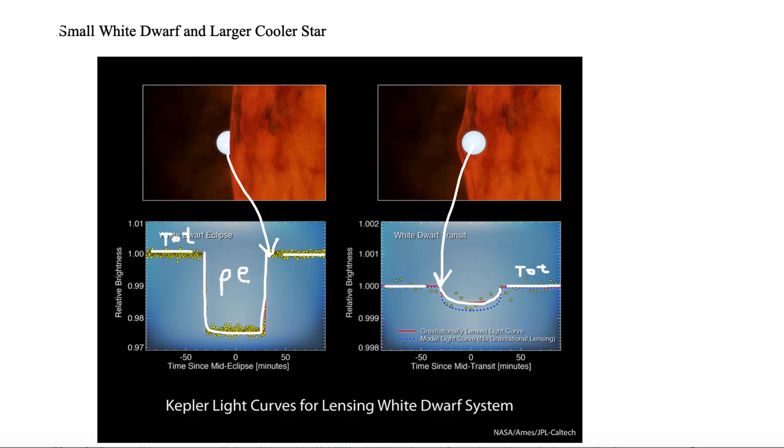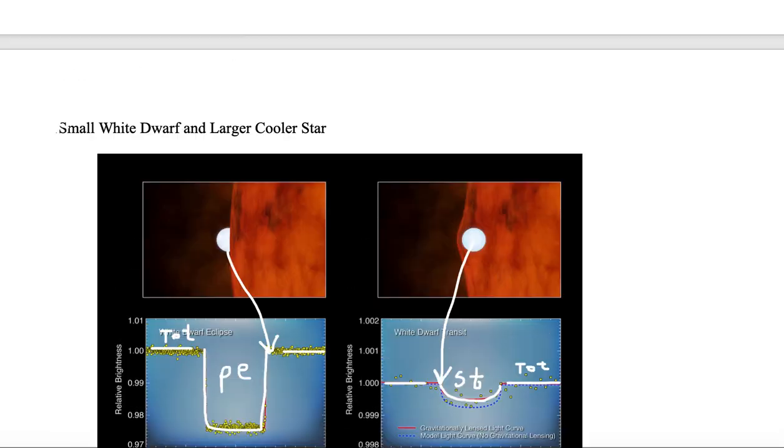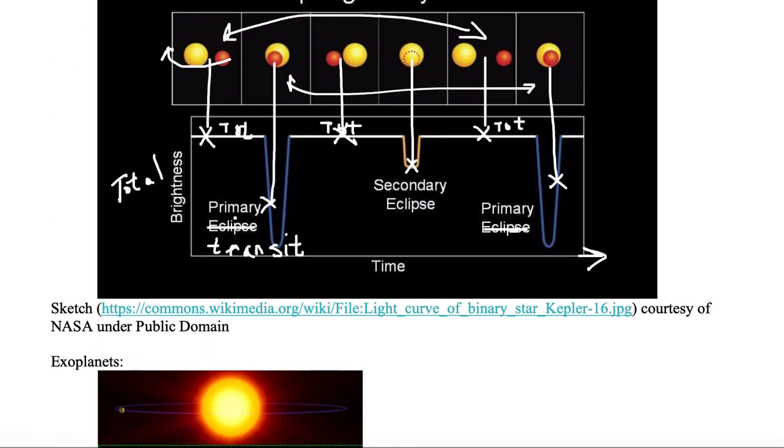When we had the white dwarf in front of the red star, we had our secondary, and it was a transit. So in this particular case, we went from primary eclipse to secondary transit to primary eclipse to secondary transit, which is the opposite of the first case where we had a primary transit and a secondary eclipse.